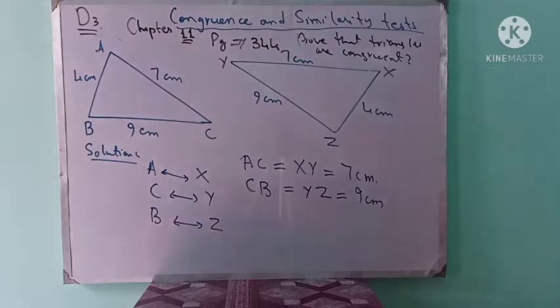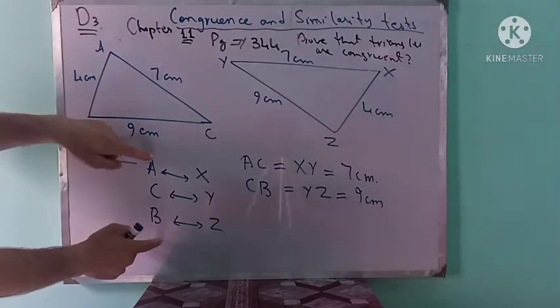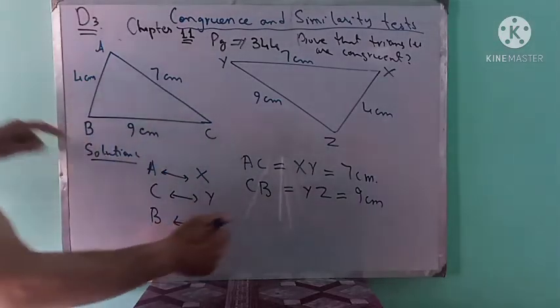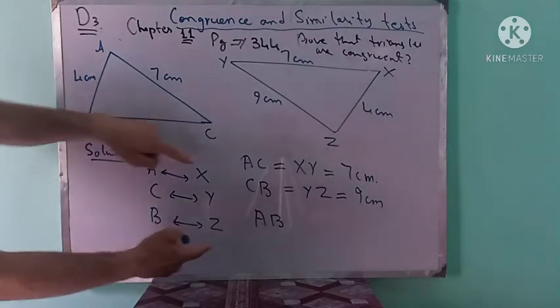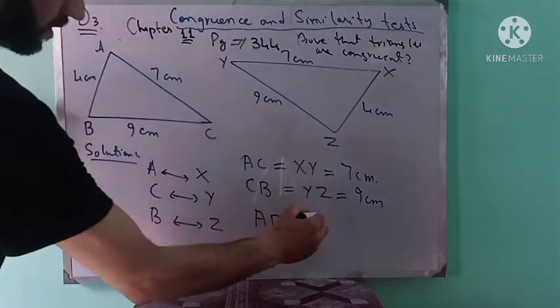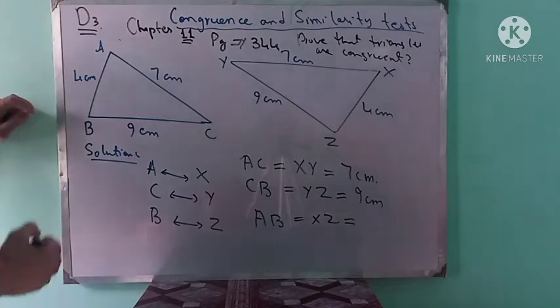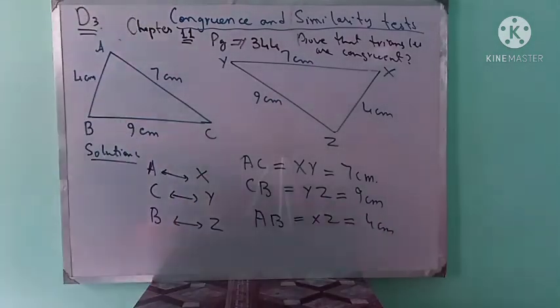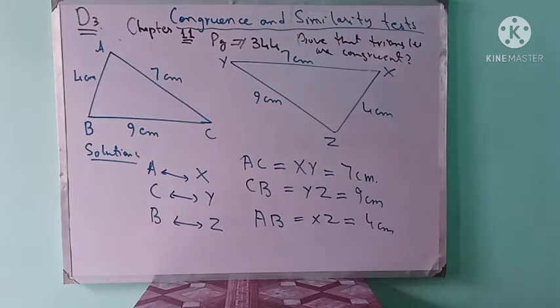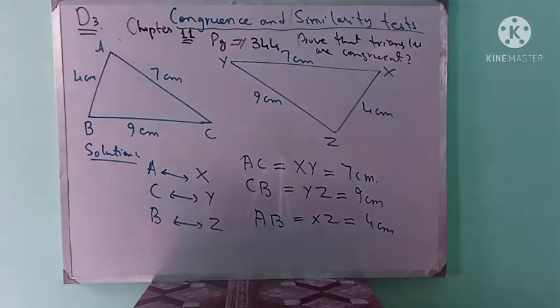And then AB and XZ, first and last, AB and XZ, there is 4. This is a technique for you for how you can judge the corresponding sides.